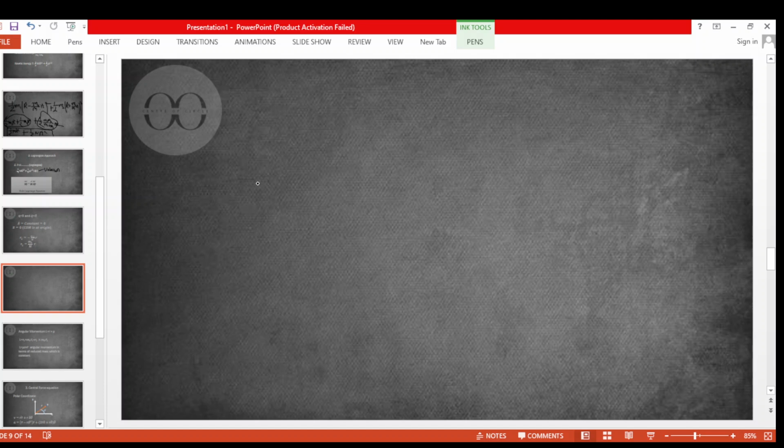Now we will look into our kinetic energy equation again, which was half capital M capital R dot squared plus half mu, sorry, not mu dot, it's mu times small r dot squared.